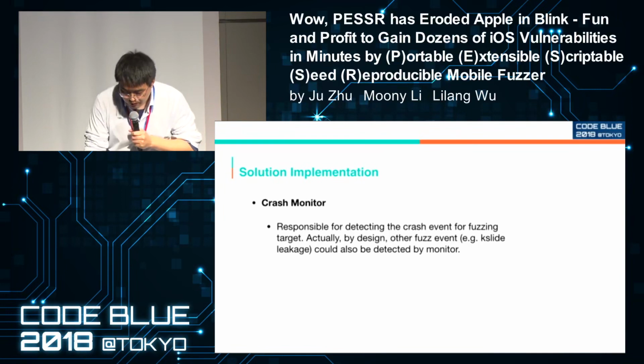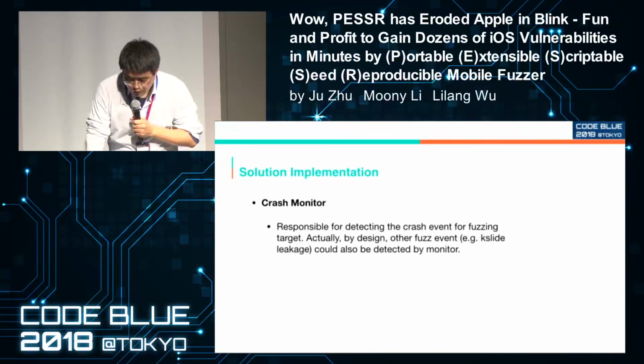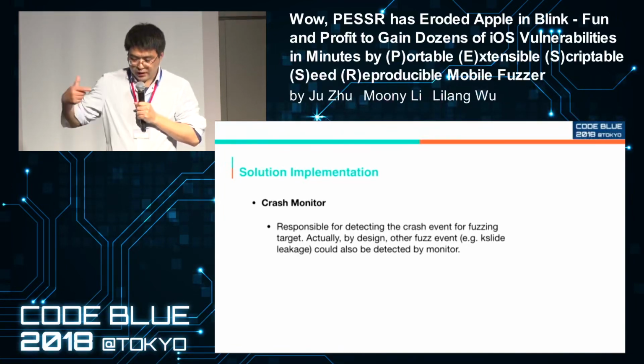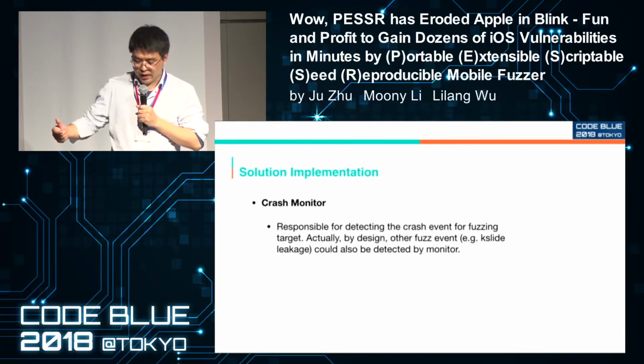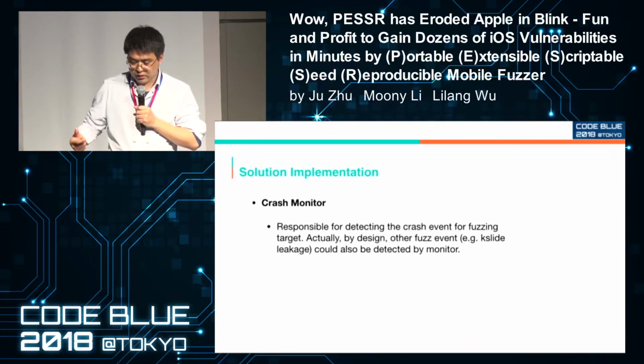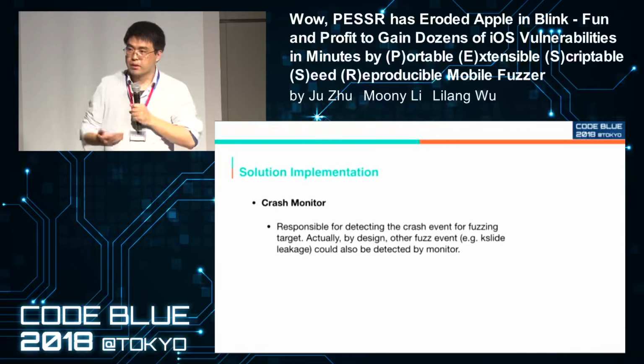If the target device is jailbroken, the crash monitor could be deployed inside of the device because we have sufficient privilege to monitor the target process. Otherwise, the crash monitor is deployed outside of the device, on the host. And normally, the crash monitor could detect the device crash event with, for example, the iTunes protocol via USB.